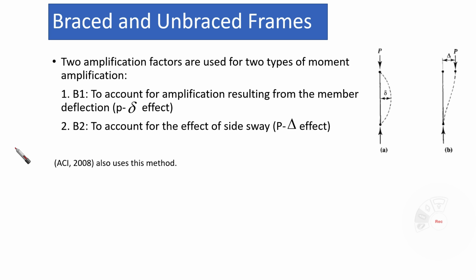to the definition, or we can say the concept of braced and unbraced frames in general. Whenever we are talking about braced and unbraced frames, we need to keep in our mind something related to the relative movement between the 2 points of the column or the element itself.